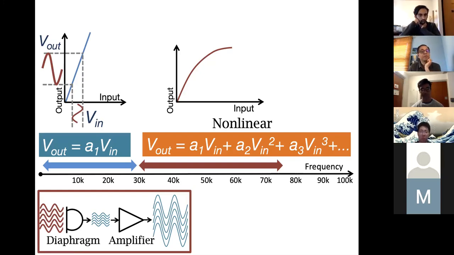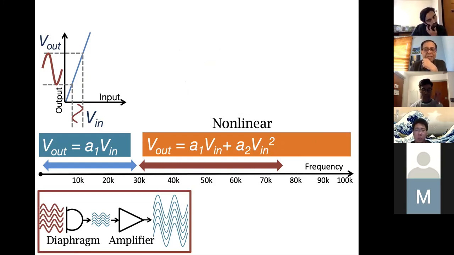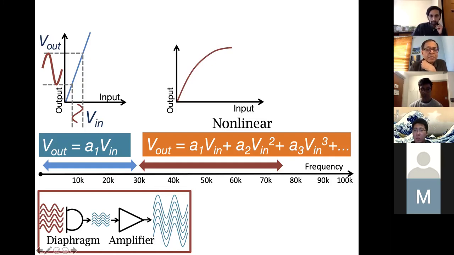Okay, so very good. Then what I can do is create this signal somewhat carefully so that I take advantage. Let me first say that the A1, A2, A3 become smaller and smaller.